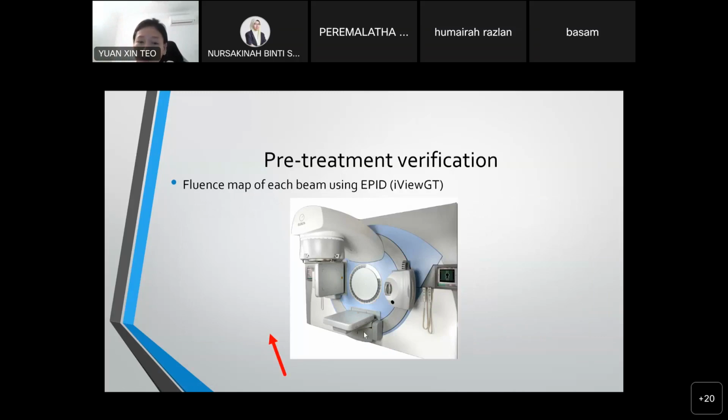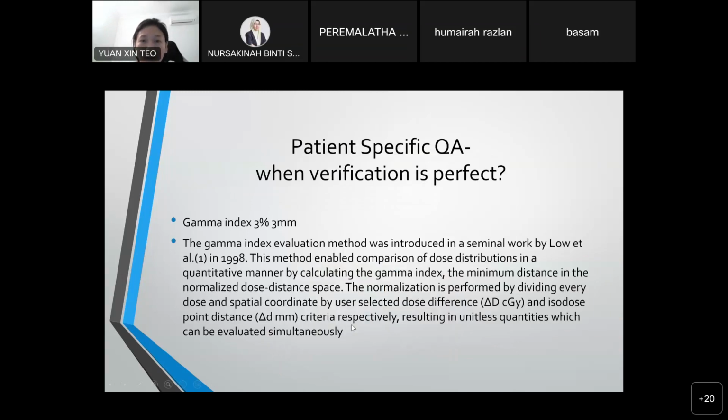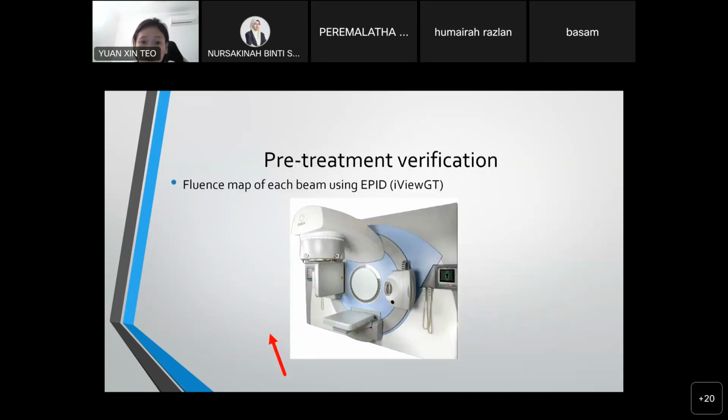How to say? If you deliver all the beams on this panel, like this panel is the film. All this is the type of QA tools you may choose to do for your patient pre-treatment QA.